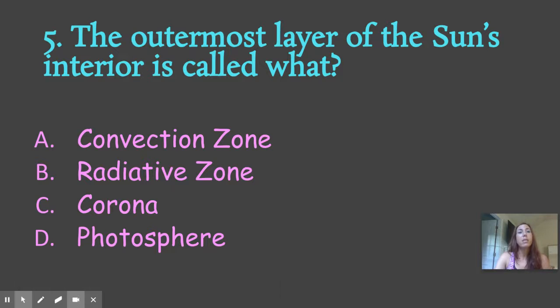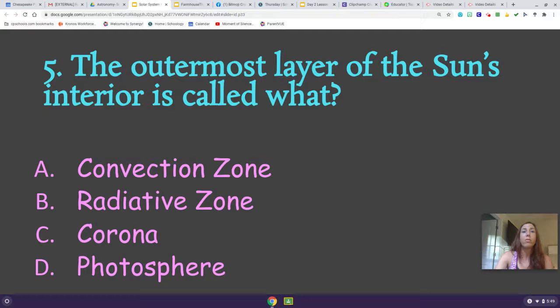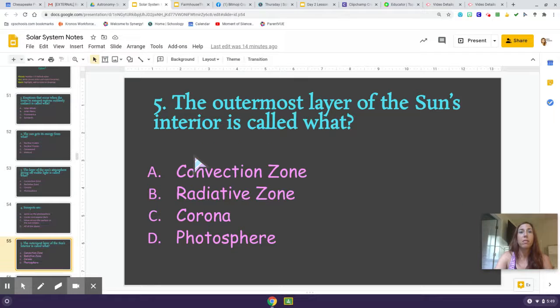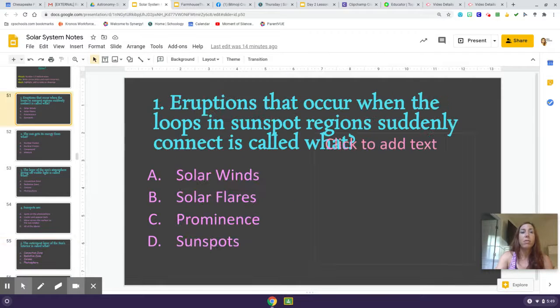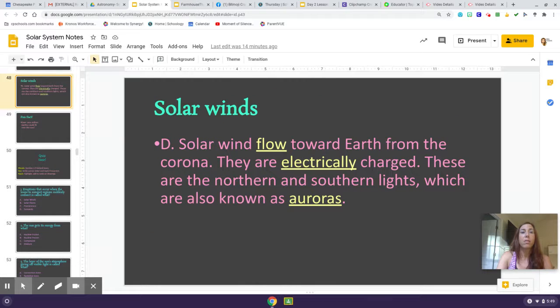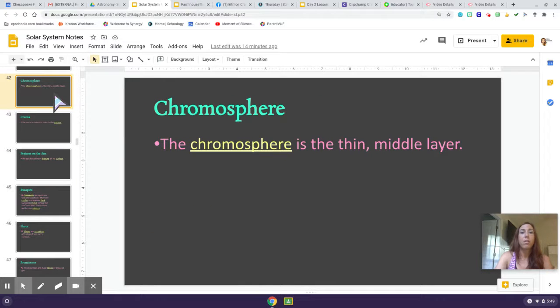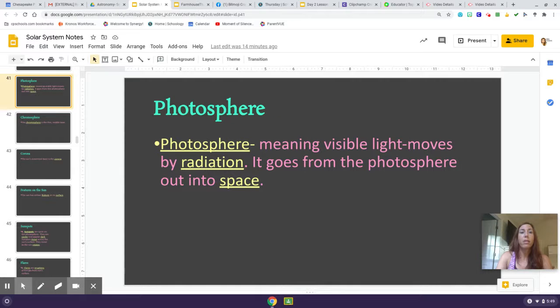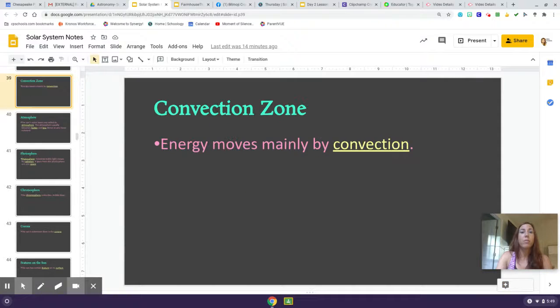And one more question: the outermost layer of the sun's interior. So we know that the outermost layer of the atmosphere is called the corona, right? But do you remember the outermost layer of the sun's interior? So let's go back and look at our notes real quick, where we talked about the layers of the core.